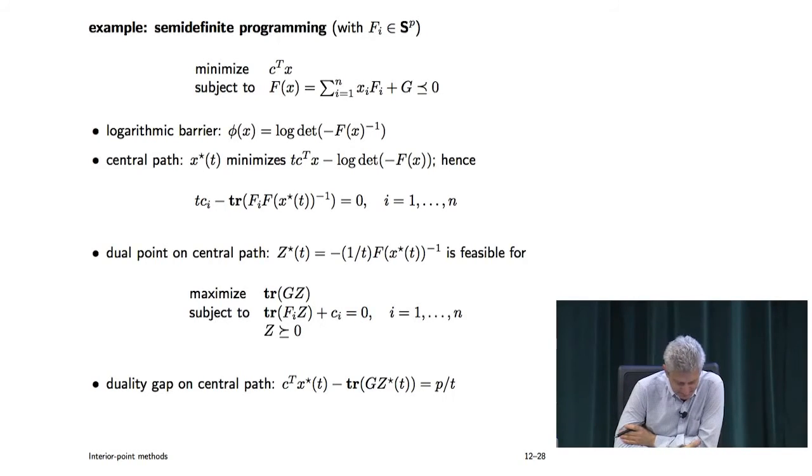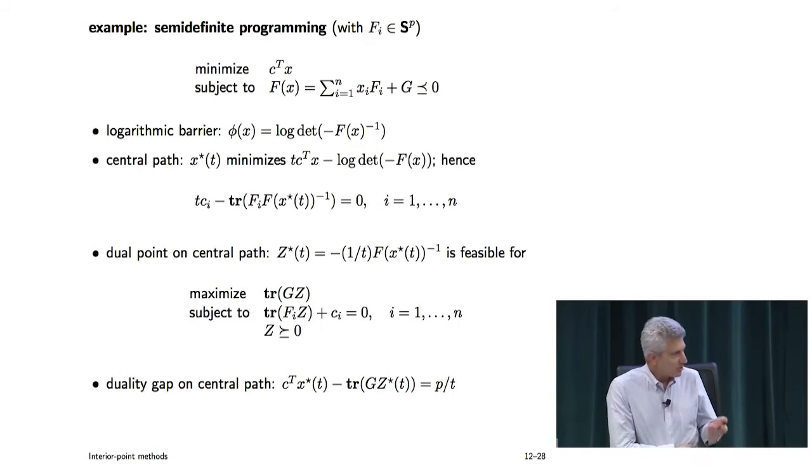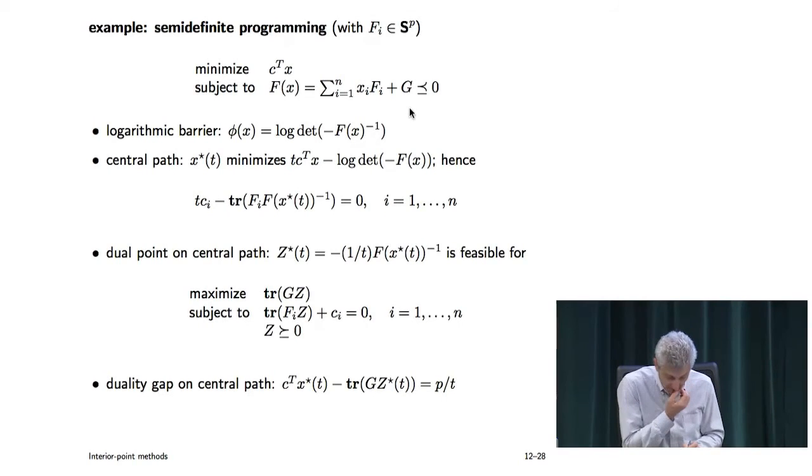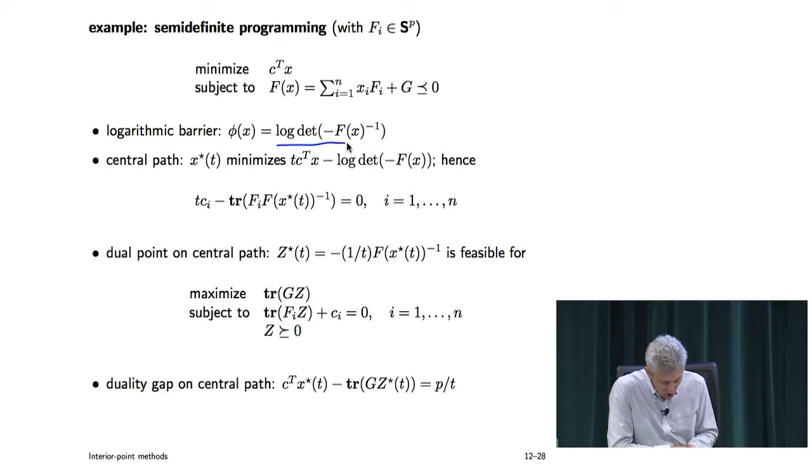Okay, so we get to semidefinite programs. Here, this is the most important case. Here is one in inequality form. We're going to minimize c transpose x subject to F of x less than or equal to 0. The logarithmic barrier is log det of minus F of x inverse, right? So the inverse is the same as putting a minus in front of log det here. The central path: to get x star of t, you minimize t times the objective plus this thing.